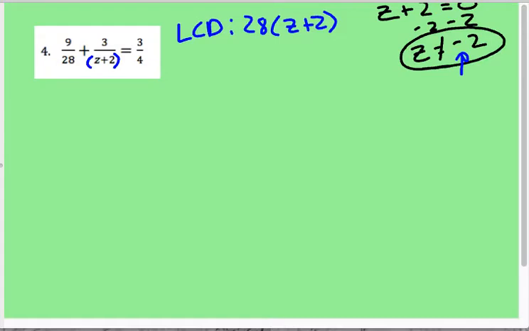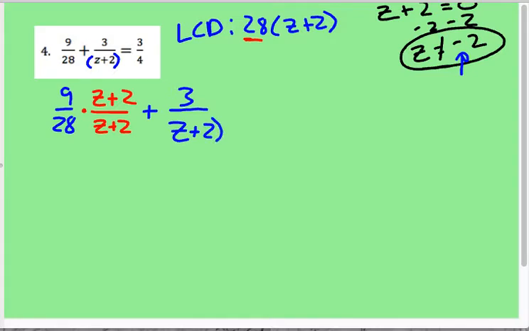Anyway, so I have 9 over 28, and I have a 28 in the denominator already. I need to multiply top and bottom by z plus 2, okay? Plus 3 all over z plus 2. Okay, we got that right there. Well, we have the z plus 2 there, but we need the 28.